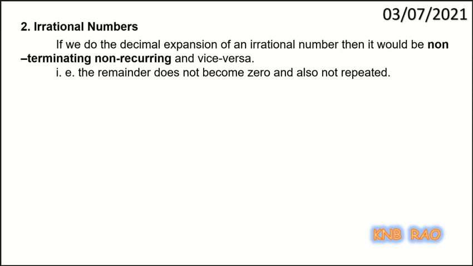An irrational number is a number whose decimal expansion is neither terminating nor recurring.